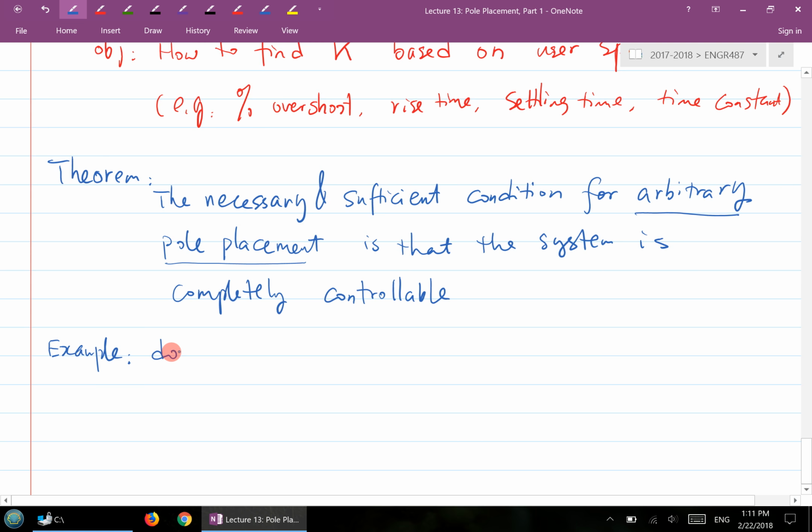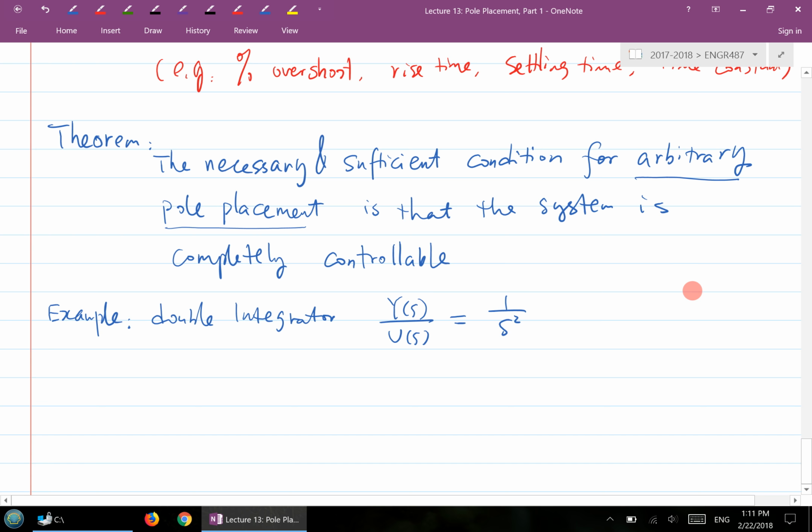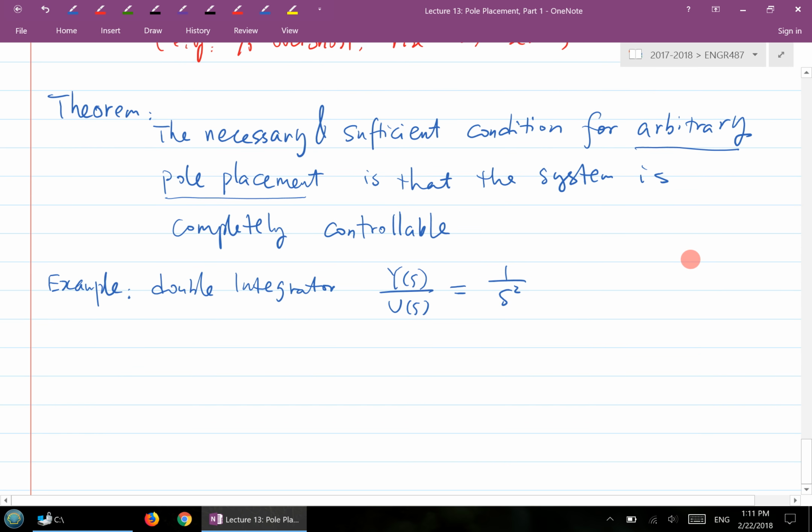First example, let's look at a double integrator. So here's a double integrator transfer function representation. Mathematically it's a double integration, so integrating twice. If the input is acceleration through this double integrator, then you get position, right?